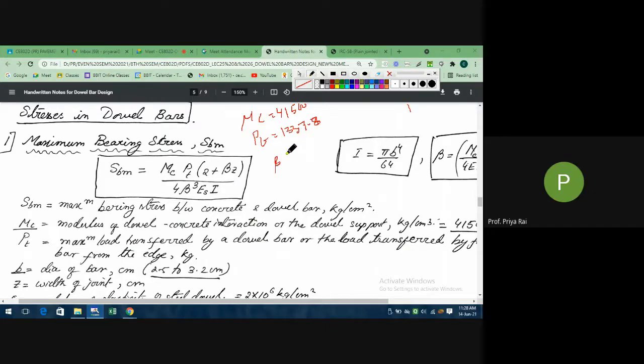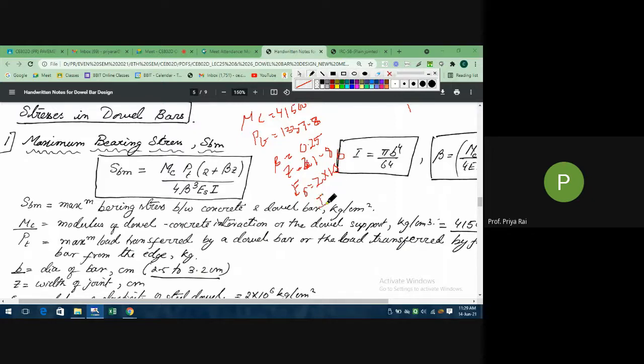Beta is 0.25. Then Z is 1.8. Very good. ES is 2 into 10 to the power 6. If not given, then assume 2 into 10 to the power 6.